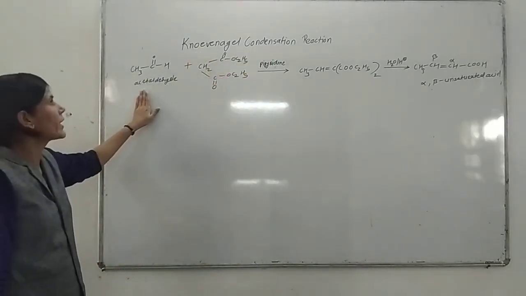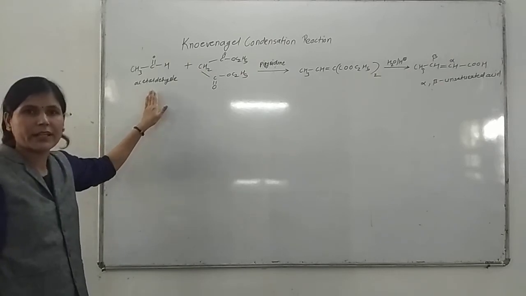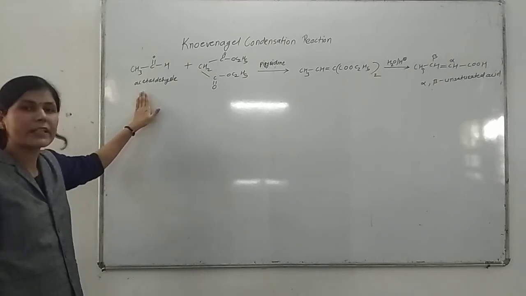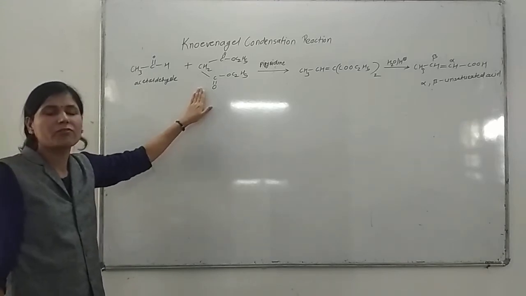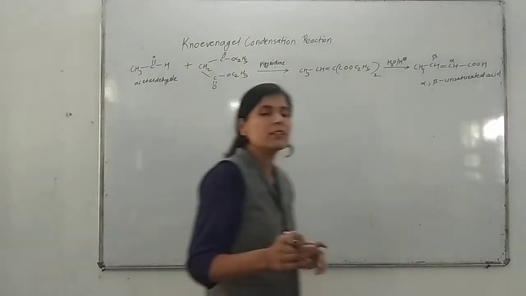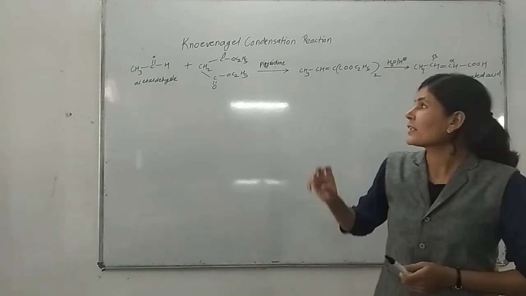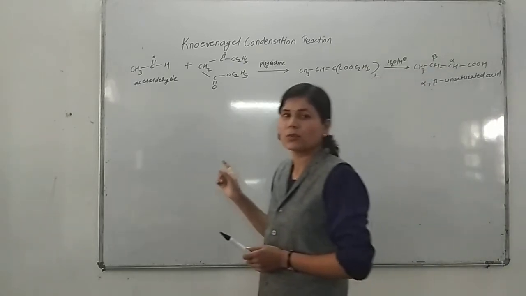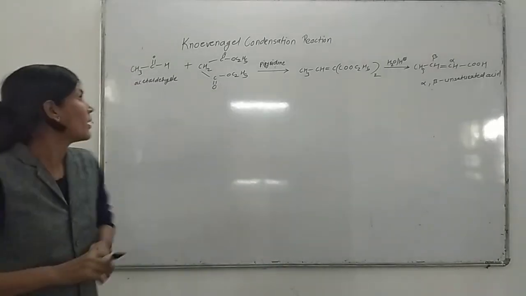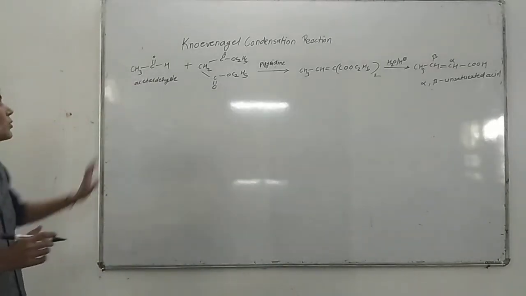Instead of acetaldehyde, we can take any other aldehyde or ketone, and instead of malonic ester, we can take any other active methylene compound such as malononitrile. So now let us see the mechanism of this reaction.